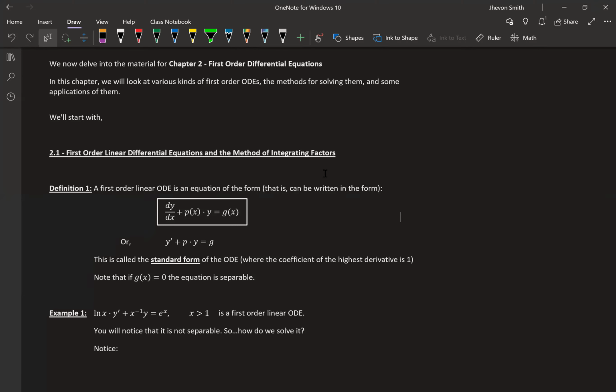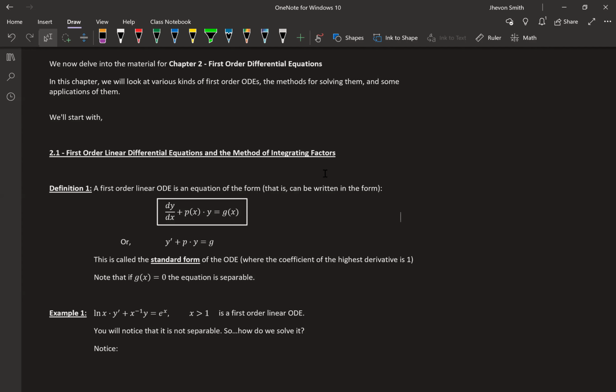Now, in the event that your g is 0, this is a separable equation. You can just move the p of x y term to the other side, divide by y and multiply by dx, and you can separate it. If g is non-zero, then it turns out that this is not separable. How do we deal with this kind of differential equation, which also shows up often enough?